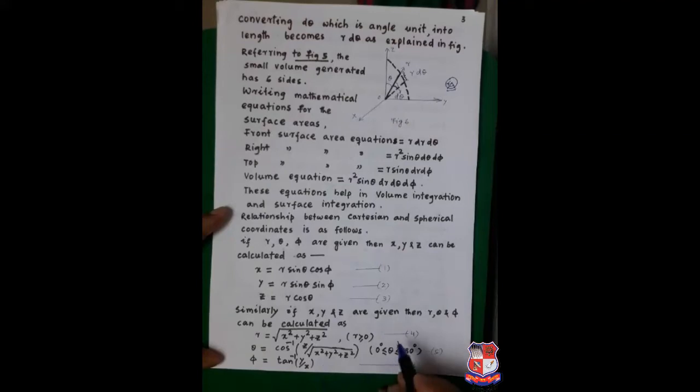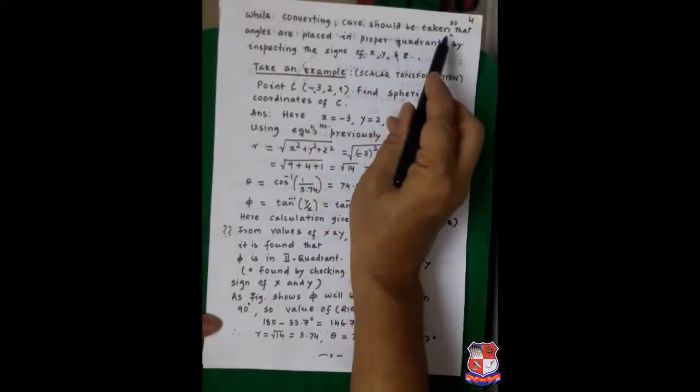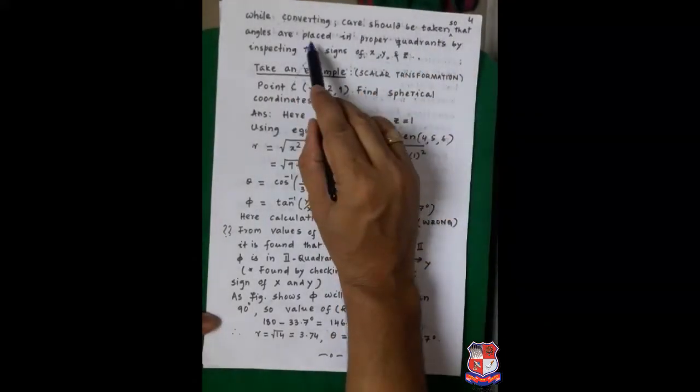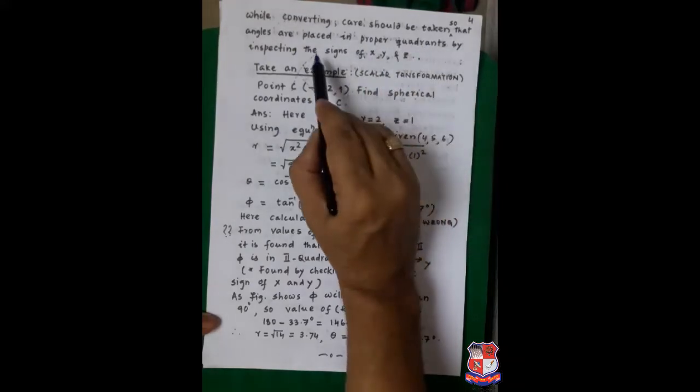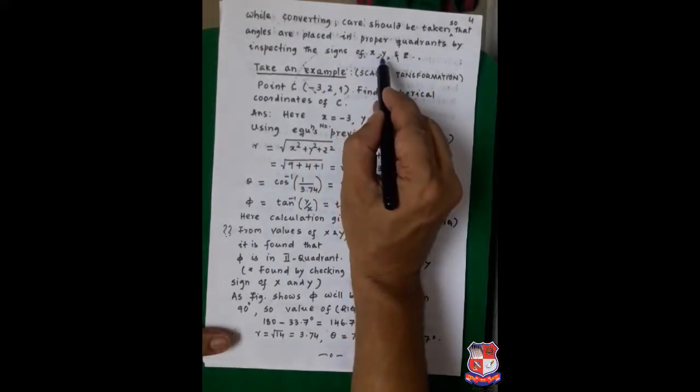The range of theta is between 0 to pi, or 0 to 180 degrees, and phi is tan inverse y upon x. While converting, care should be taken so that angles are placed in proper quadrants by inspecting the signs of x, y, z.